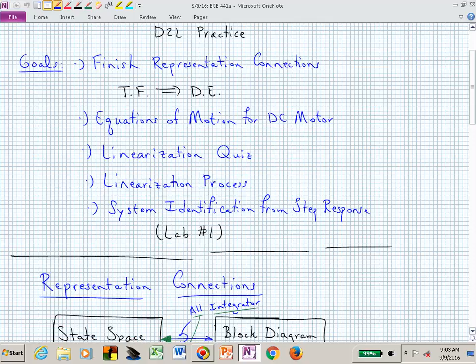So you hit the system with a step and you watch and see how it behaves, and you can now extract the information you need to create a transfer function from that, and that's what you're doing in lab number 1.